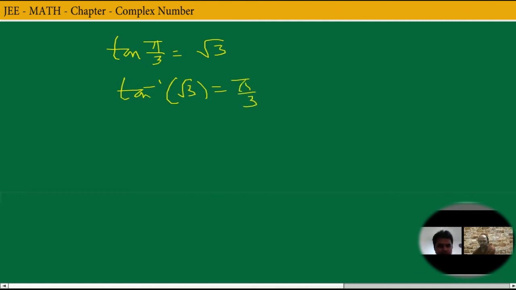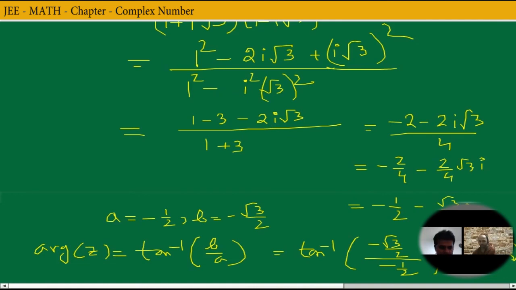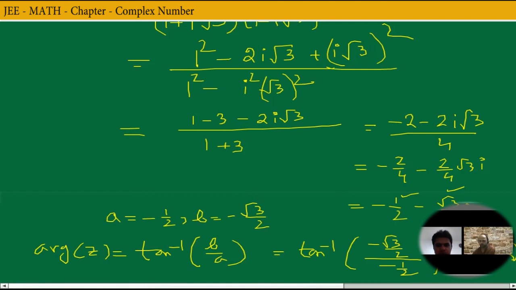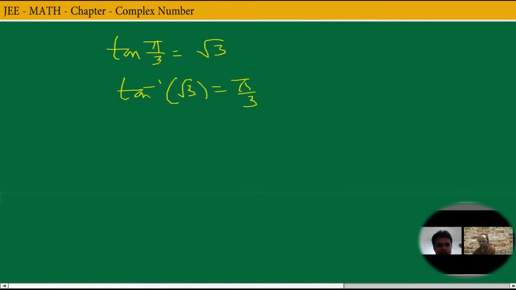Now the problem here is that both a and b are negative. So in which quadrant must it lie? Third quadrant? Yes, third quadrant, true. So how are we supposed to find it in the third quadrant? Don't you think we have to add pi? So it is going to be 4 pi over 3.